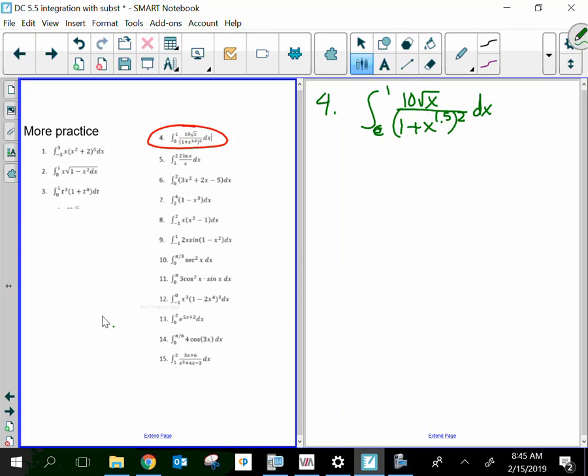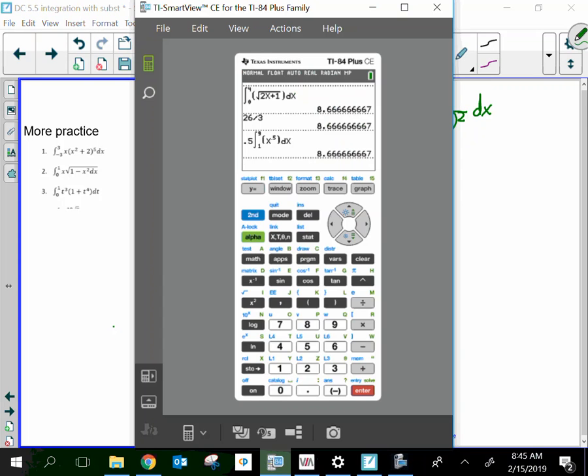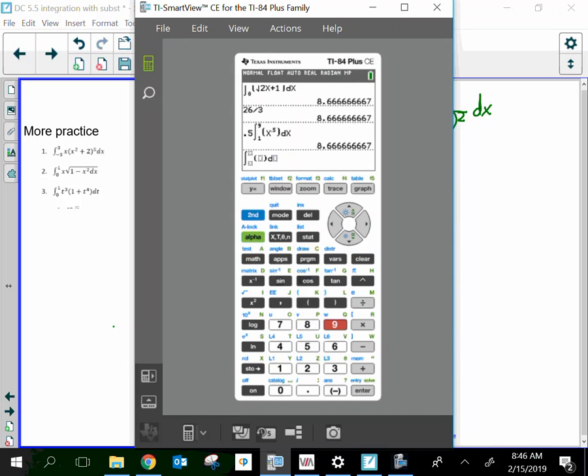I'm going to throw up the calculator so you'll know. It'll be done by the time I get it plugged in.